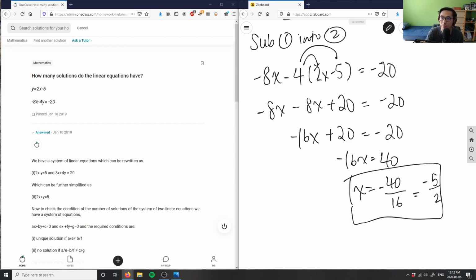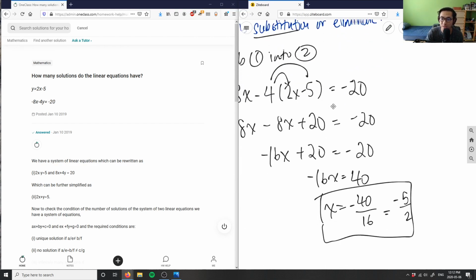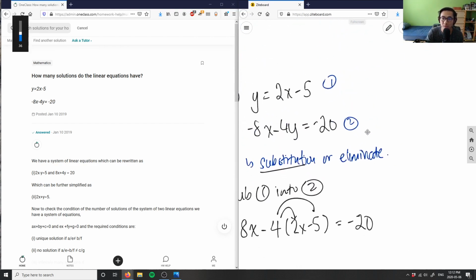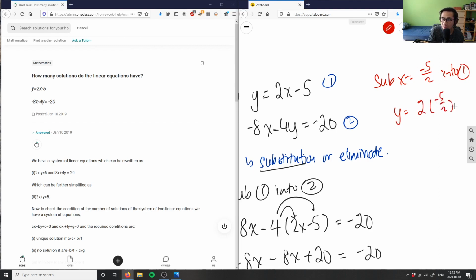And then what we can do is substitute this x value into either of these equations. So I can substitute x equals 5 over 2 into equation 1. And I can say that y equals 2 times 5 over 2 minus 5. So now I'm solving for y here. Y is now 2 times 5 over 2, which would be simply 10 over 2, minus 5.